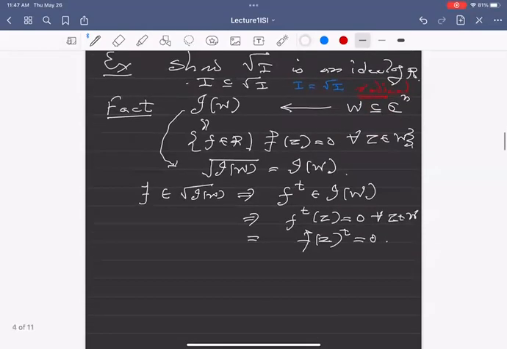So a t-th power of a complex number is 0 if and only if f(z) is 0. And that means f belongs to the ideal of W.